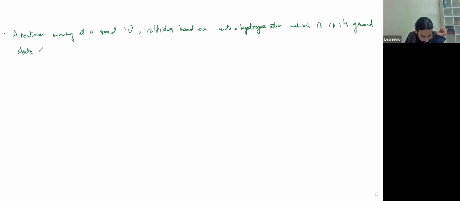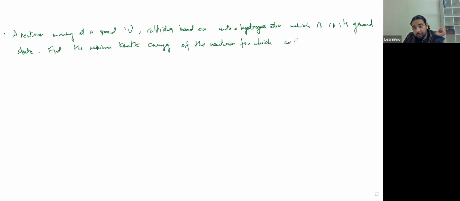So you know what the state of the hydrogen atom is. What you need to find out is the minimum kinetic energy of the neutron for which a complete or partial inelastic collision may take place.